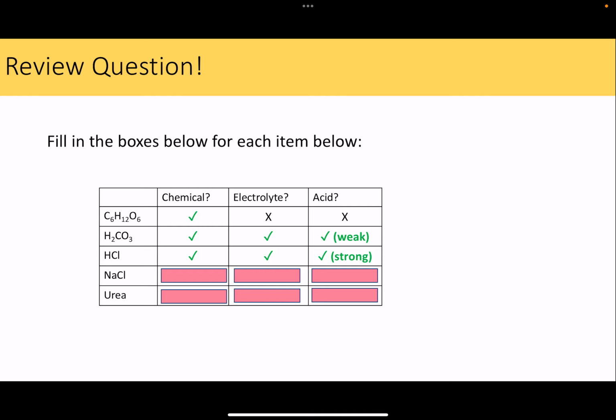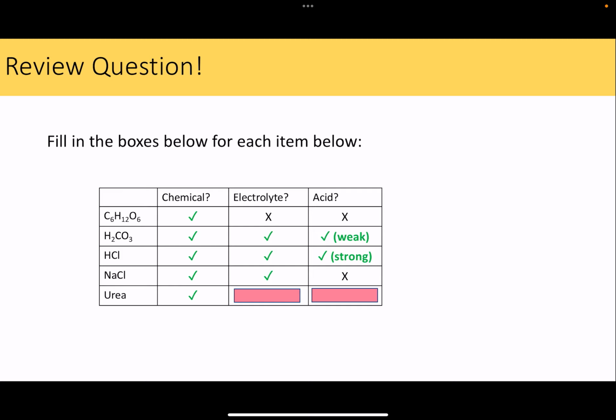Sodium chloride, is it a chemical? Yes. Is it an electrolyte? Yes, it does split in water. But is it an acid? No, it does not have a hydrogen to give, so it's not considered an acid. It's a salt. Make sure you know all acids are electrolytes, but not all electrolytes are acids. Last one is urea. Is it a chemical?